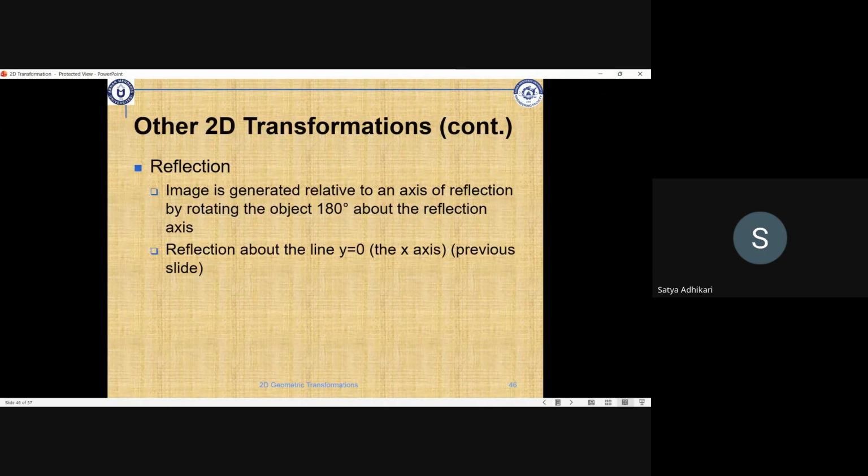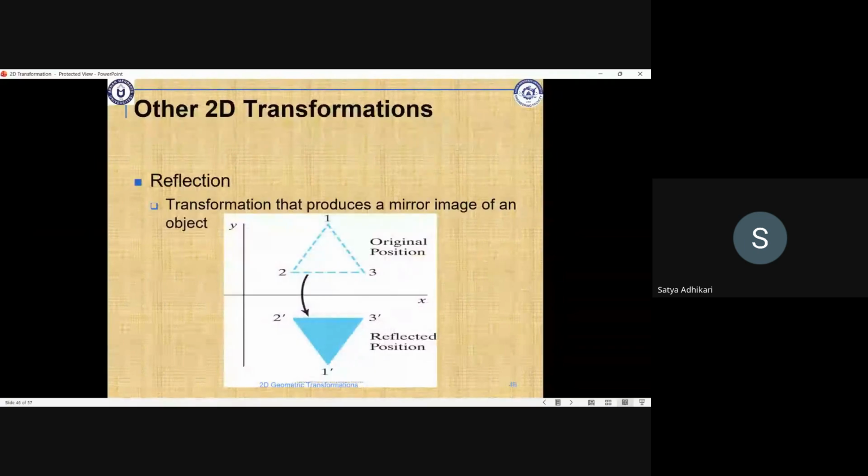In the previous example, it is about the x-axis, that is, the rotation is about the line where y equal to 0. You know that all the points on the x-axis have y equal to 0.